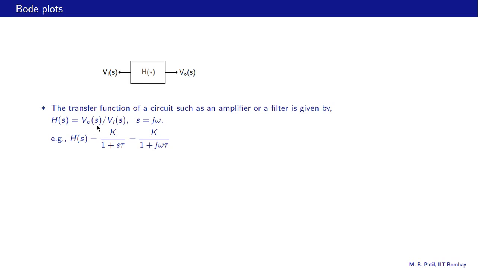S here is the Laplace variable, and for our case it is j times omega. And here is an example of h of s. Say it can be k divided by 1 plus s tau, where k is some constant and tau is some time constant, and that is the same as k divided by 1 plus j omega tau, because s is equal to j omega.